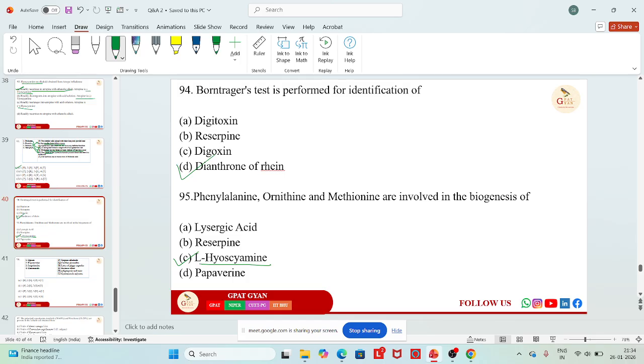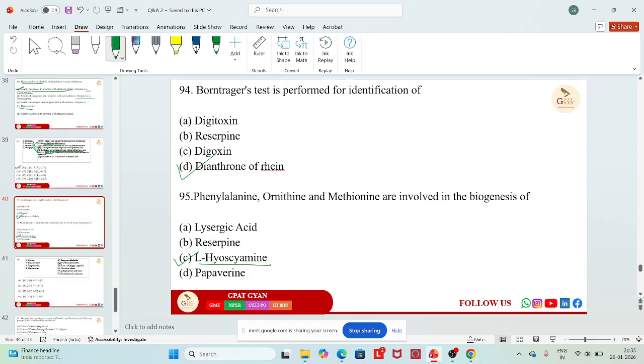And another piece of information I went through today: what are the starting materials for the shikimic acid pathway? Erythrose 4-phosphate and phosphoenol pyruvate. Yes, phosphoenol pyruvate and erythrose 4-phosphate.